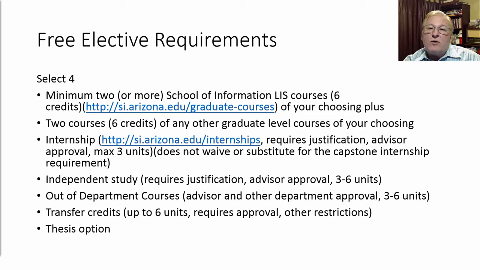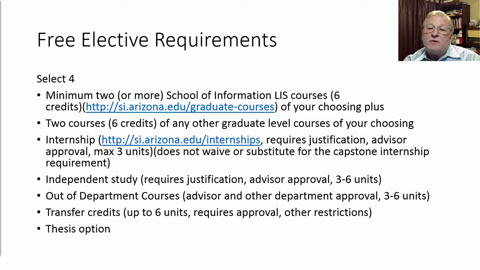So, after the core and distributed electives, you have 4 electives that complete your Master of Arts degree in Library and Information Science. At least 2 of these, and up to all 4, may be LIS courses from any offered by the School of Information. And typically, these are courses that would track to your area of interest in the information professions. The School of Information website provides a summary of the courses that associate with various careers in the information professions, so check that and consider contacting the individual professors to ask their advice.